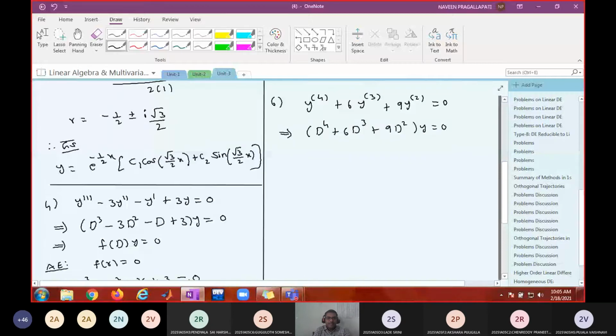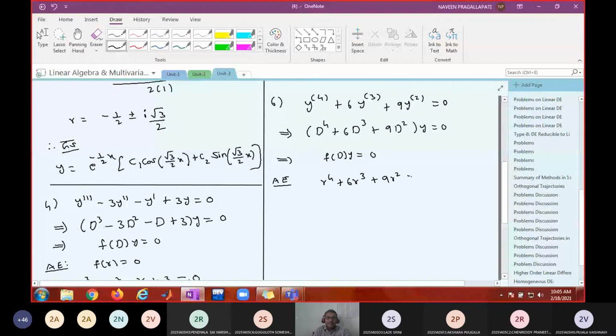So this is in the form f of D upon y equal to 0. So the auxiliary equation is r power 4 plus 6r cube plus 9r square equal to 0.